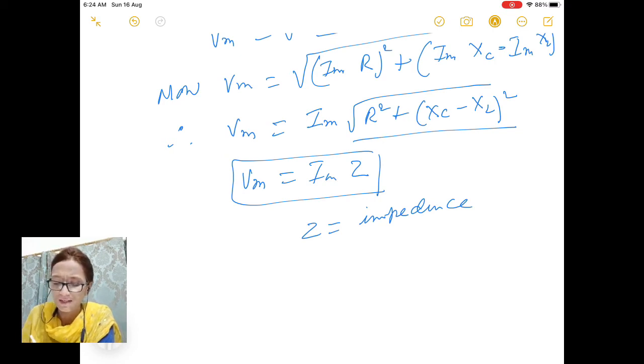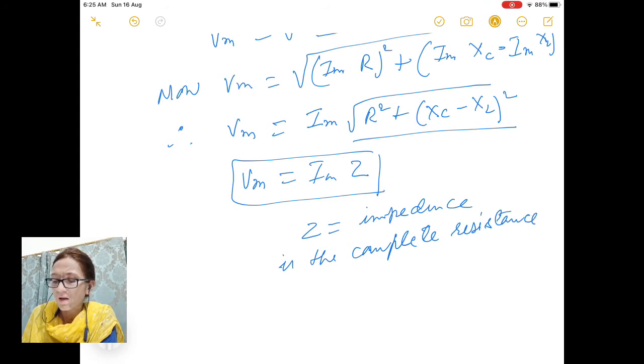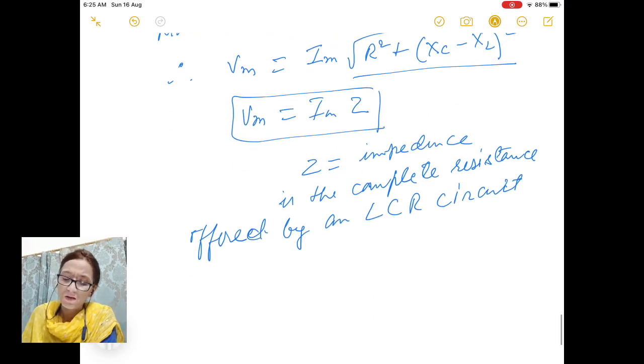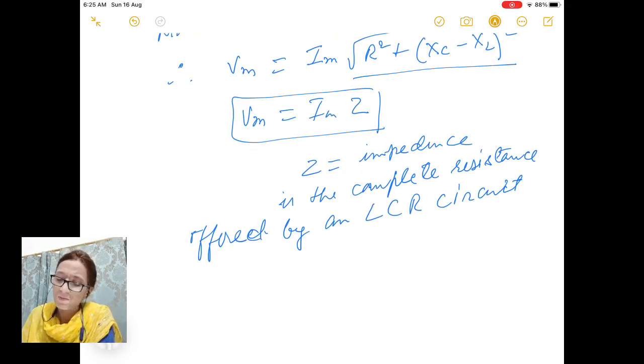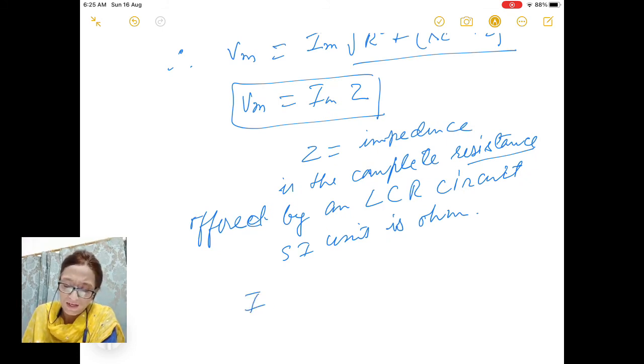It is the complete resistance offered by an LCR circuit. And since it is a resistance, the SI unit of impedance is ohm. So this is how you can find the current amplitude. Current amplitude is equal to voltage amplitude divided by impedance.